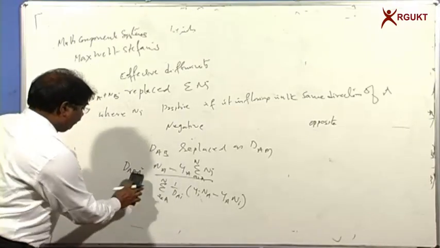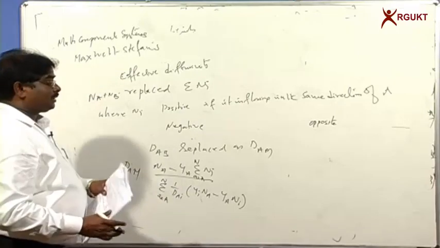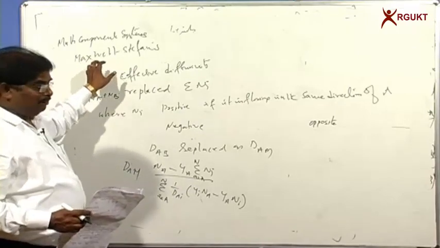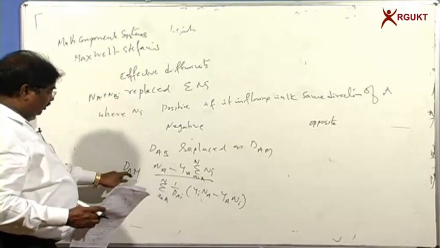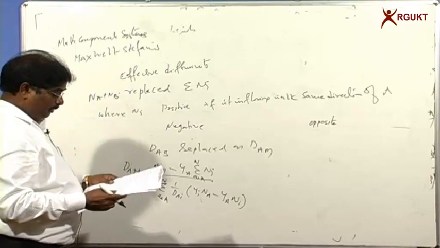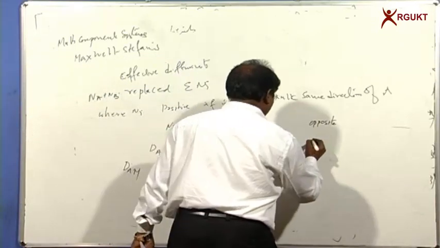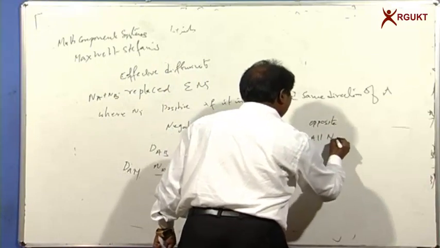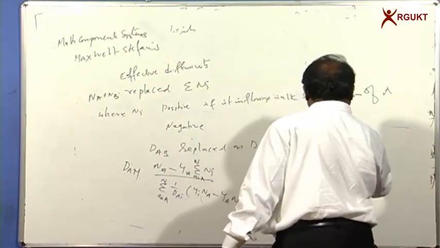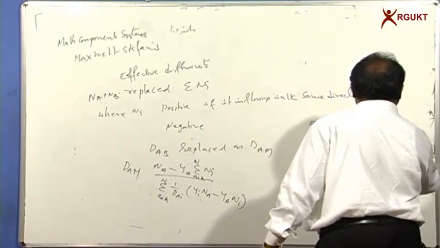Once you know the effective diffusion coefficient, we can use the same expressions we discussed earlier for the non-diffusing B case and equimolar counter diffusion. Instead of DAB, we substitute DAM and solve the equation. Now a common situation that we come across is when all the Ni except NA are 0.